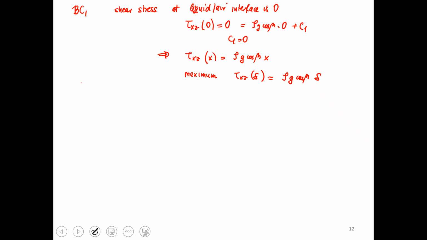For a Newtonian fluid, my tau xz, we already did that, is minus mu dvz dx, and that is equal to rho g cosine beta x. So this is my tau xz, right?